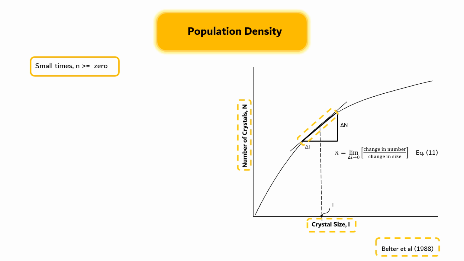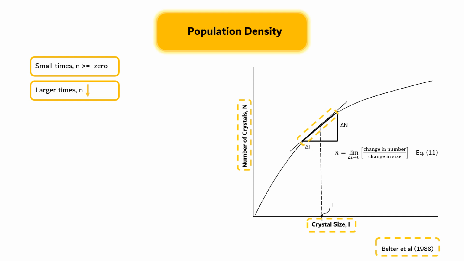At small times, N is significantly non-zero only near a small size, possibly as the result of shading. At larger times, N slowly gets smaller.